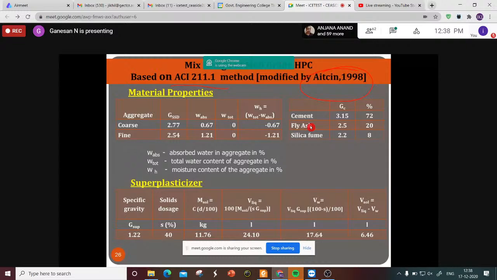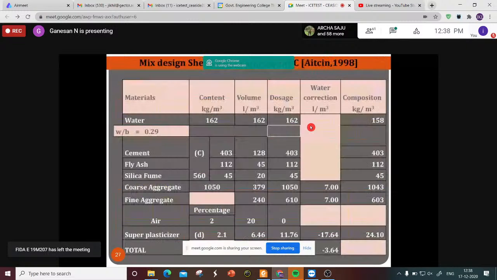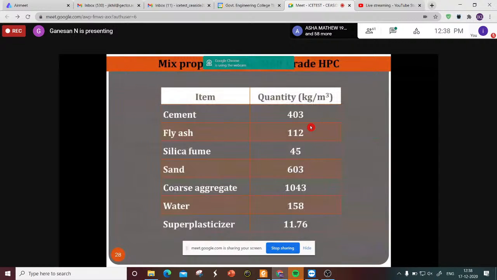Actually, it's in a worksheet. Once you know the specific gravity, density, and all these things, you can work it out. Finally, the cement is so much, fly ash, silica fume, then sand, coarse aggregate, water, and the superplasticizer, everything in kilogram per meter cube has been obtained.